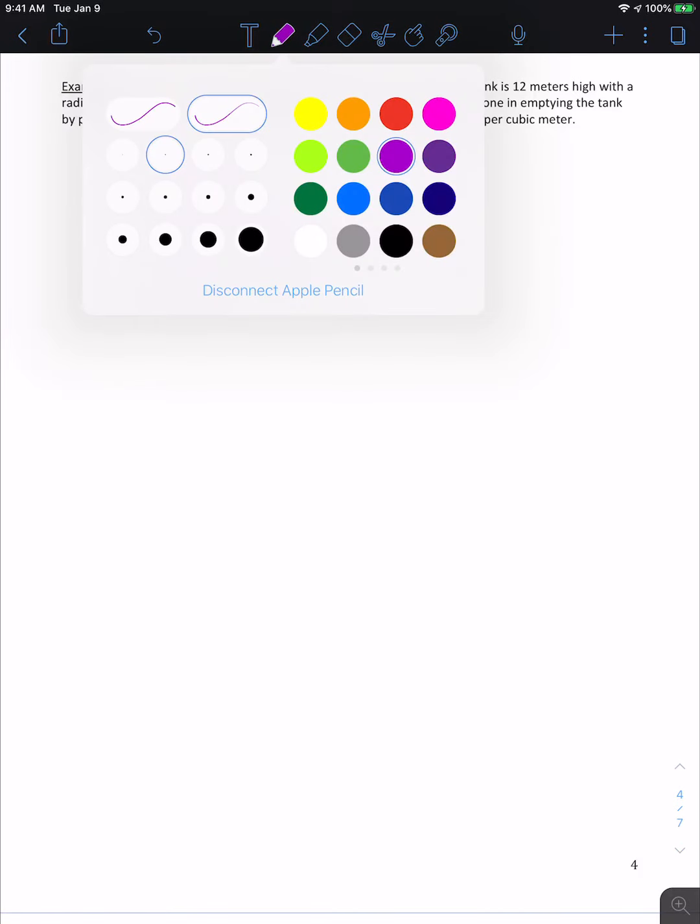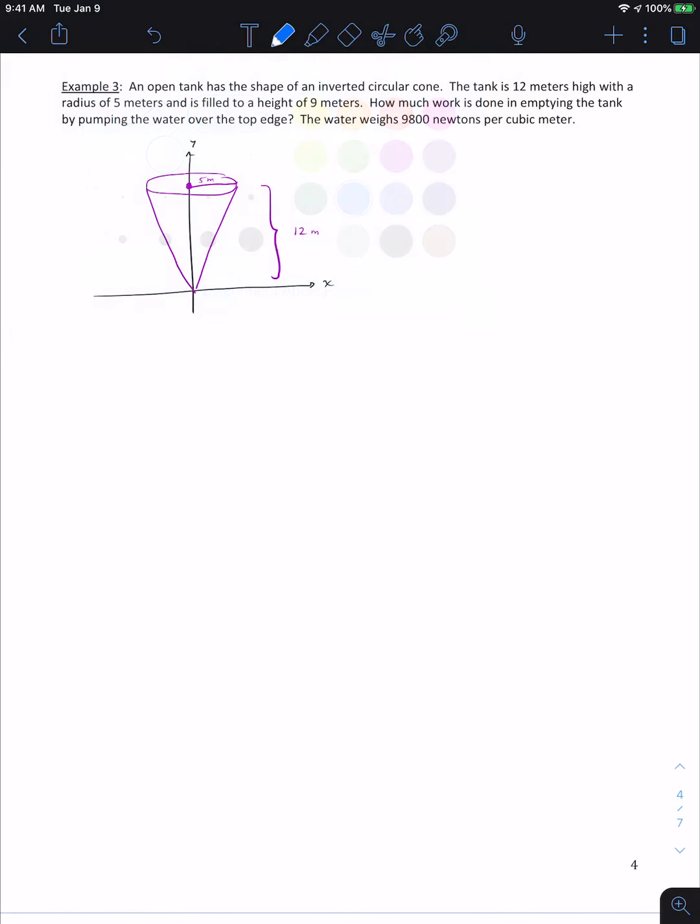What else do we know? We also know that there's water inside of it, all the way up 9 meters high, right? So what does that mean? That means this extra distance right here from the water to the top of the cone is 3 meters, if the whole thing is 12.